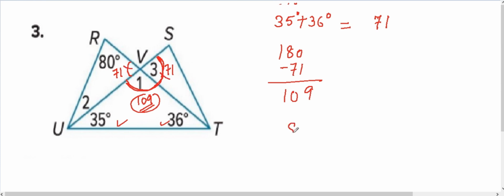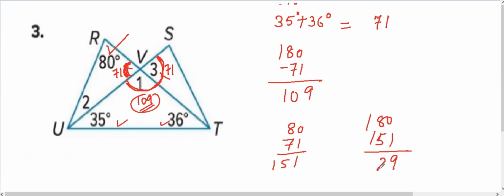So add 80 plus 71, what I'm getting is 151. This angle and this angle, 151, subtract from 180. So 10 minus 1 is 9, 7 minus 5 is 2. So this is 29 degrees. That's it. If two angles are given, add them and subtract from 180 degrees, you get the third angle. So this is your 14th question done.